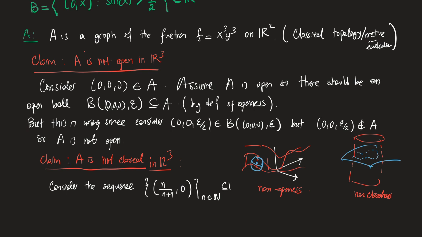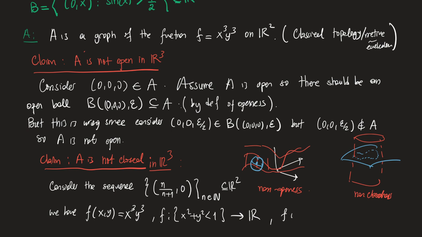Consider f of (x, y) defined to be y cubed. f takes points from the set x squared plus y squared less than 1, and it is real valued, so it goes to R. Obviously f is continuous, a polynomial.